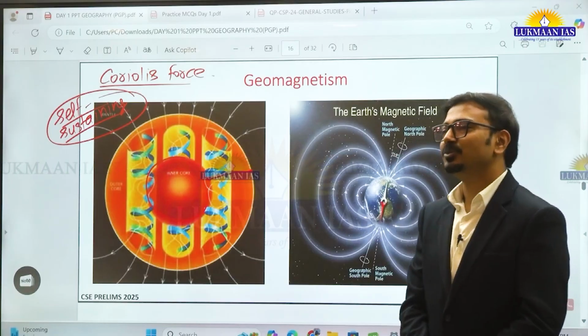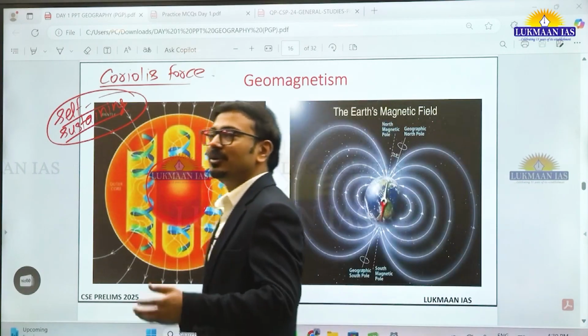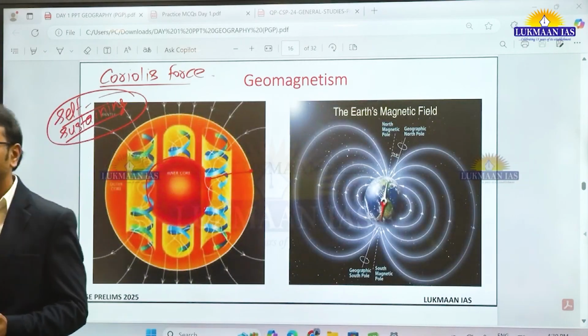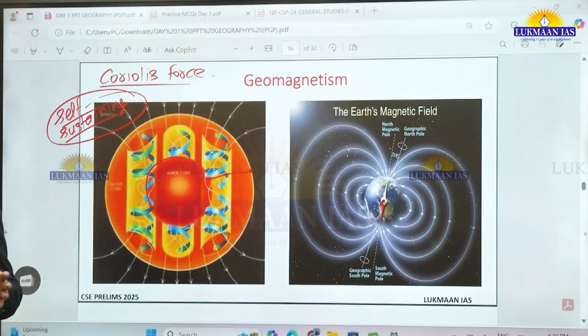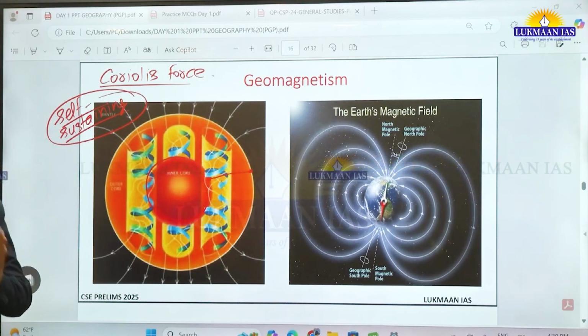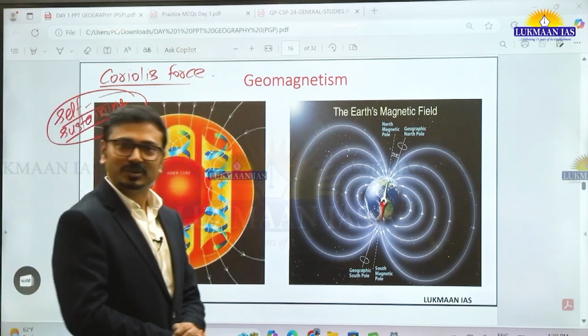Now understand, if you are asked for the reason, the reason is because of the rotation of Earth. Let's say there is a question tomorrow that if Earth stops rotating around its axis, which of the following effects will be seen? Such a question can come, right?